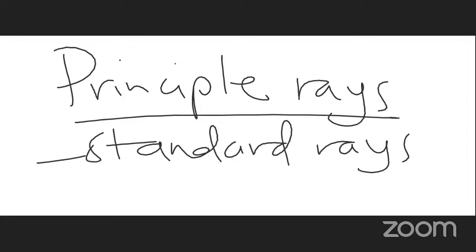Then let's move to these principal rays. The first principal ray, is there anyone who has knowledge of it? Because it is all there on our site, those who went and read through might have got the concept, because I remember directing you there the other time. Anyone who knows the first principal ray or the first standard ray?